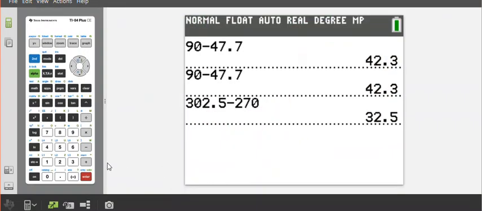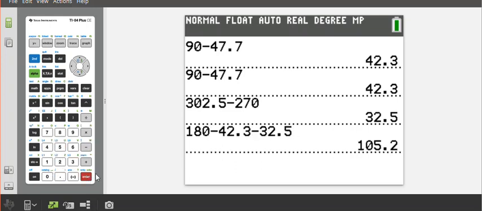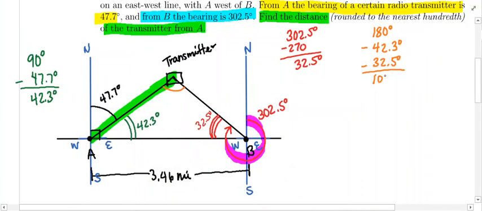So we're doing 180 minus 42.3 minus 32.5. The orange angle measures 105.2 degrees. That verifies that this is an oblique triangle. It is not a right triangle.